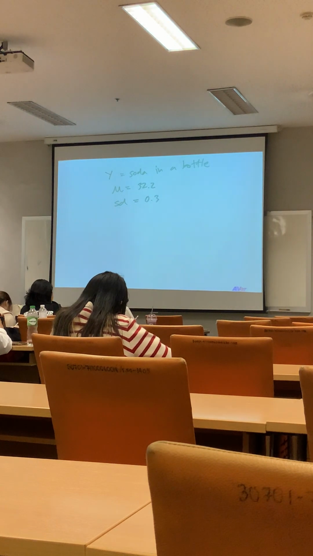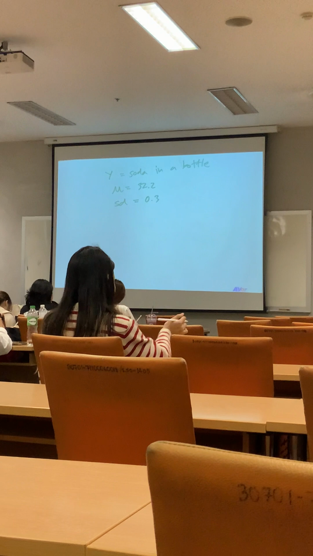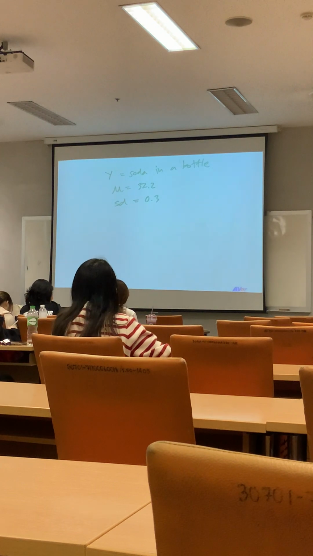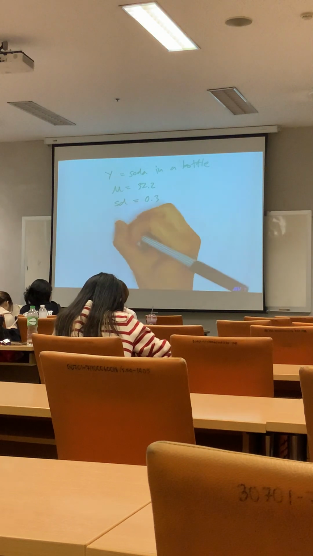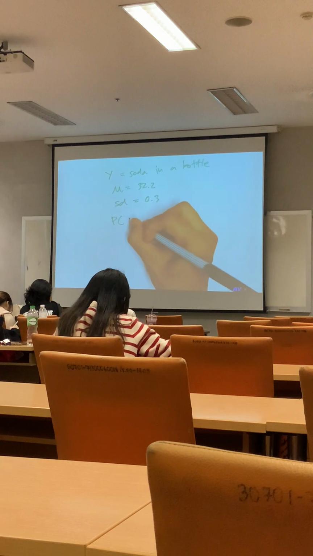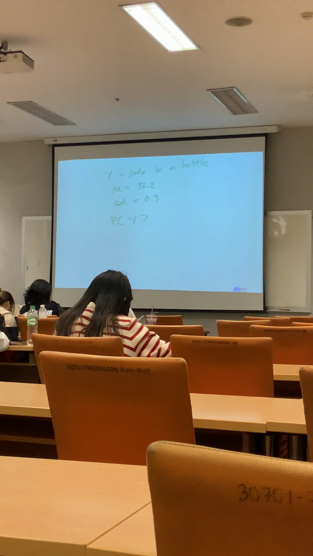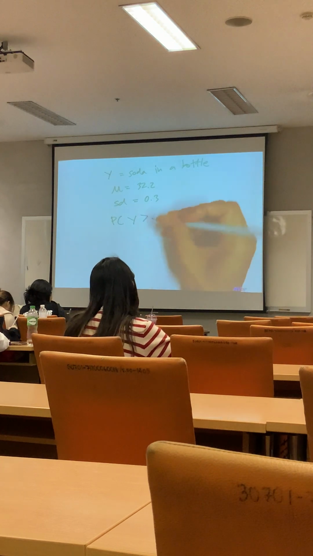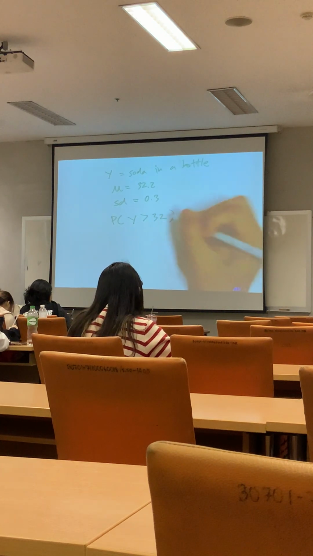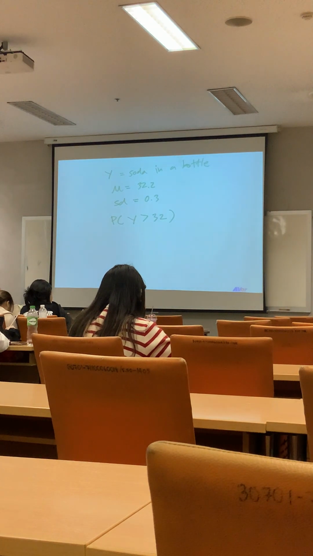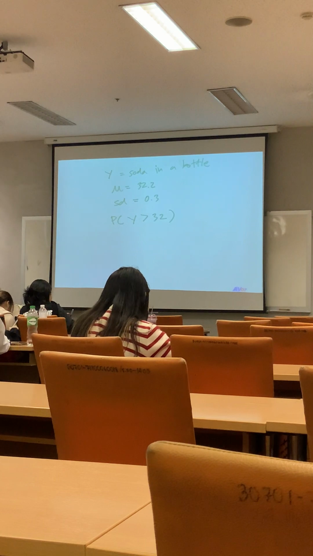It asks what is the probability that the bottle will contain more than 32. So it asks you the probability of Y when you buy a soda, that the amount of soda in that bottle can be more than 32 when the mean is 32.2 and the standard deviation is 0.3. So it wants you to calculate that given that Y is normal.